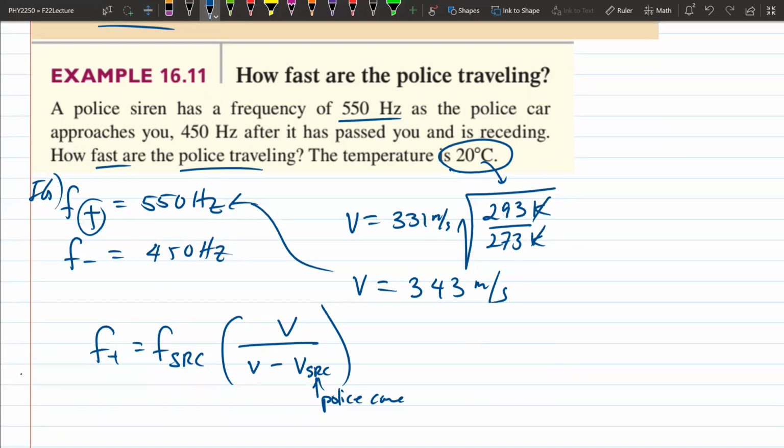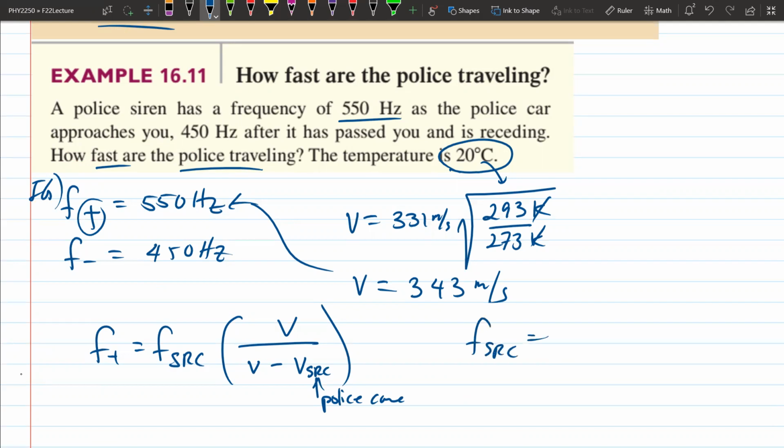So if the police car approaching you has a frequency of 550, and when it goes away from you has a frequency of 450, what is the actual frequency of the police car when it's not moving? What do you guys think with these two numbers? What's F source equal to?